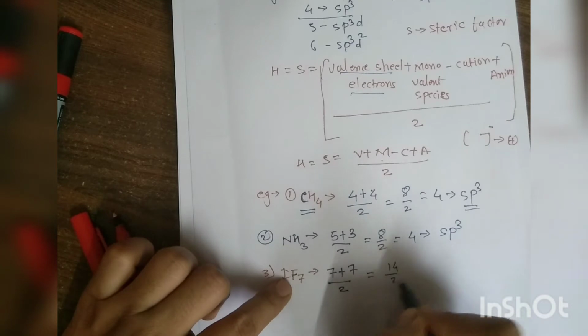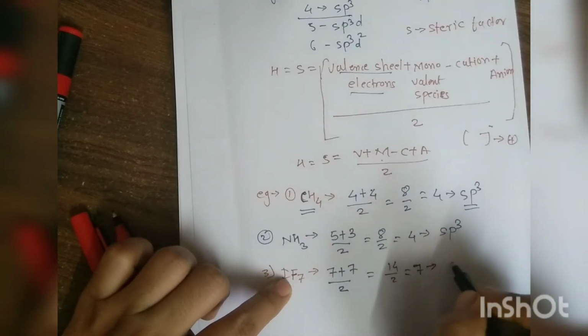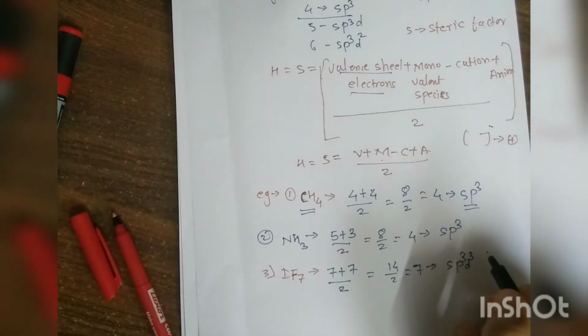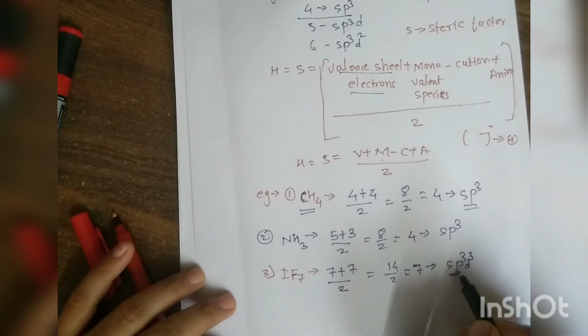Again this is 14/2 means 7, and for 7 what will come? sp3d3. IF7. sp3d2 means 6, or 4 plus 3 is 7.